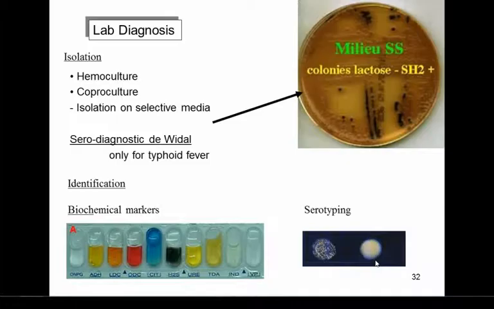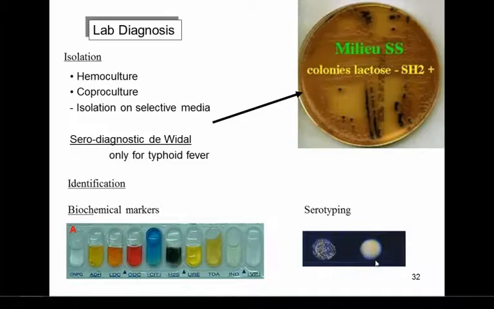So in the presence of these beads, the antibodies will bind to the O antigen on the surface of the bacterial cells, and the whole thing will agglutinate. So the beads and the bacteria all bind together in a big clump. That gives a positive reaction. You see a clump and it all goes together. That's what you see here, okay? It's all agglutinated, the beads and the bacteria together.